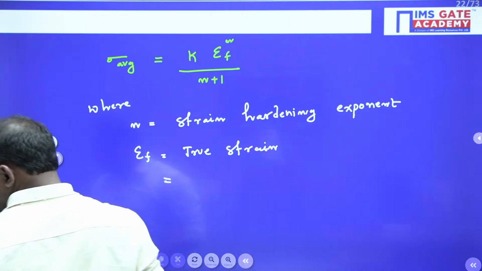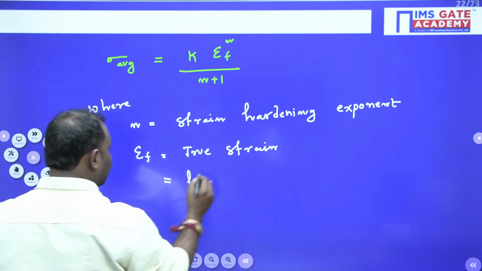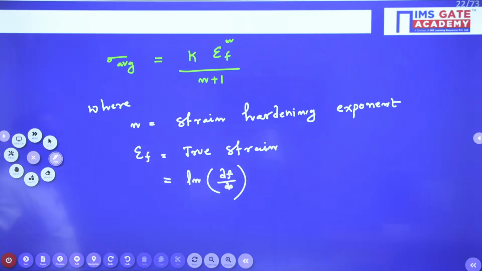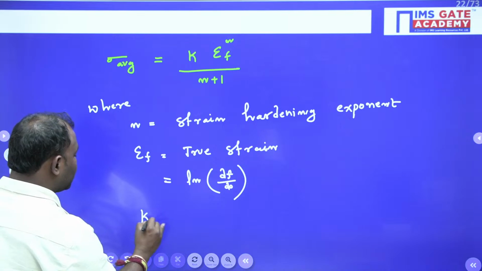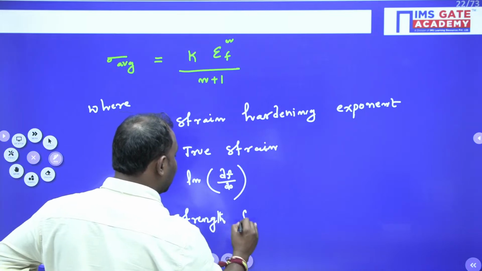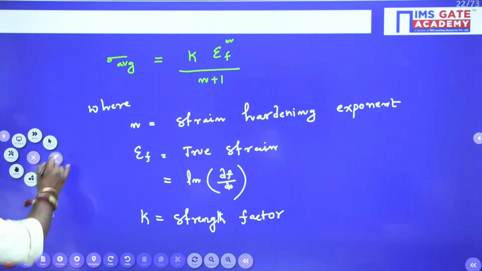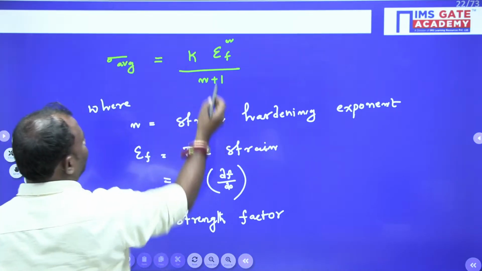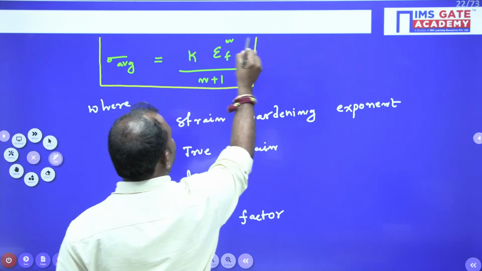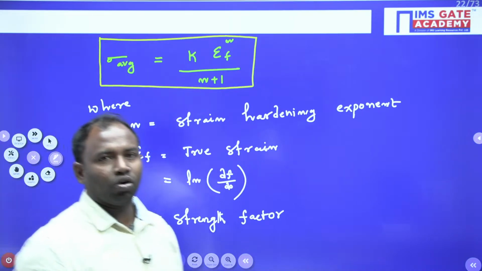How can we calculate true strain? It is epsilon F equal to ln of df by d naught. Where K is the strength factor. Like that you are supposed to calculate your sigma average. Sometimes it is mentioned in the problem, sometimes we are supposed to calculate it. So whenever n and K values are given, you are supposed to calculate your sigma average. Hope you understand all, guys.